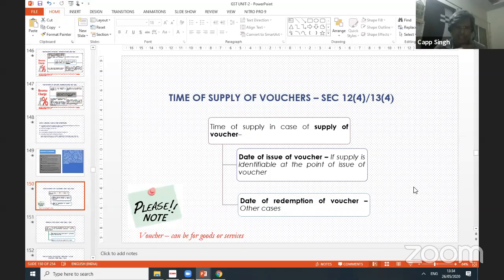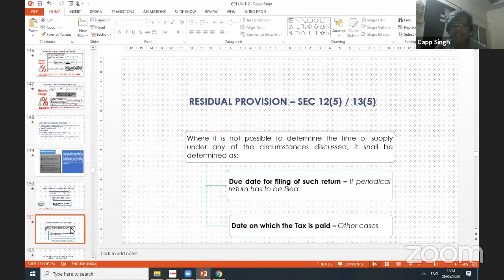Against the vouchers, you can redeem them and purchase any products. In some cases, you can purchase a particular product. If it is identifiable, then the time of liability shall arise on the date of issuance of vouchers. If it is not so, then on the date of redemption the liability will arise, because only in that case do we have to quantify the rate of tax.